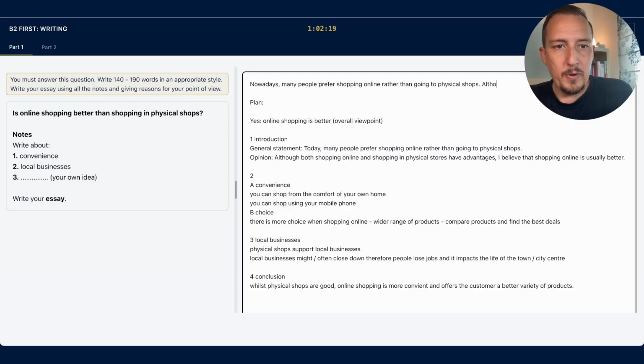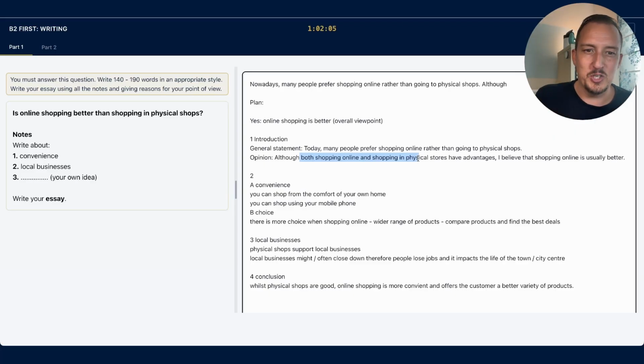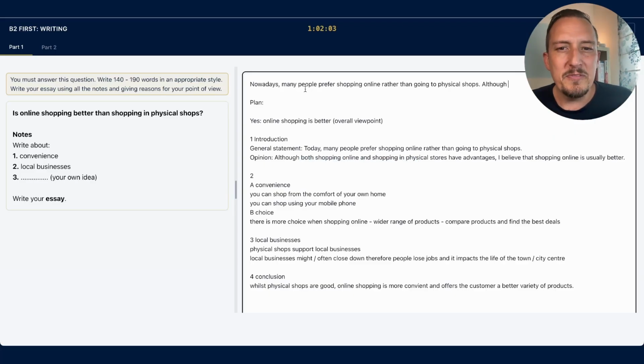Okay, so now we want to bring in our opinion, which we've got here. And again, we can think about the language that we want to use. We don't want to repeat too much. So as you can see already in our opinion, we're repeating the same thing. Although both shopping online and shopping in physical stores, well, we've already referenced them here, so we don't need to repeat that.